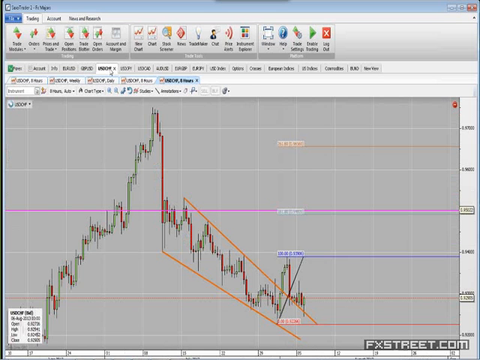Dollar Swiss. A lot of the time, the majority of the time, Euro Swiss doesn't have a tendency to go far. A decent range in Euro Swiss is probably 40 ticks a day. Average range in Euro Swiss is probably 20-25 ticks a day.